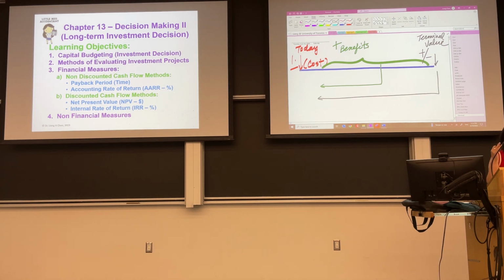So as we did in chapter 4, what's the cost? What's the benefit? What's the opportunity cost? The only difference between this chapter and chapter 4 is that in this chapter, you have time value of money. So we need to present value the benefits, annual benefits.